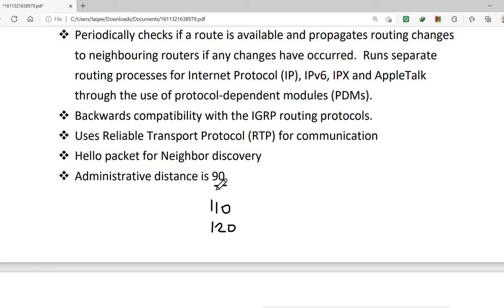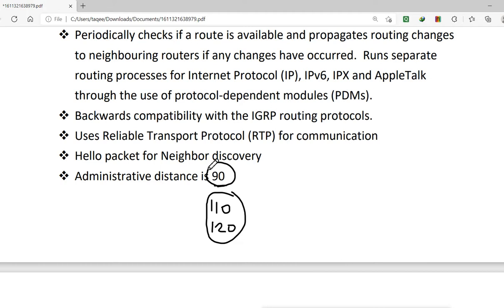So you can see the AD value of EIGRP is 90, and it is more reliable than these two other protocols, RIP and OSPF. So EIGRP is more advanced, stable and a good protocol.